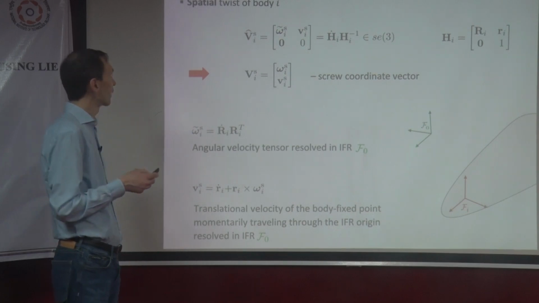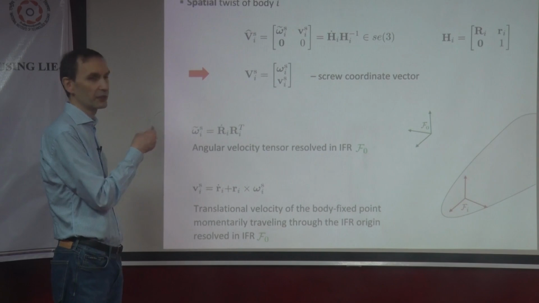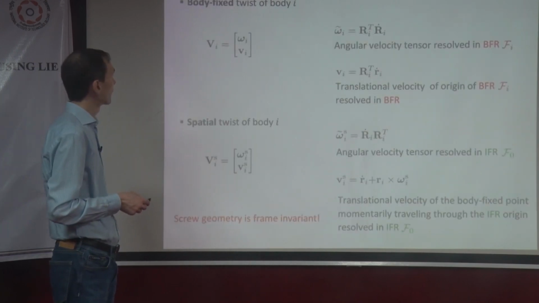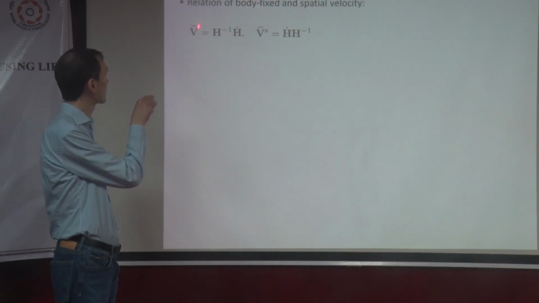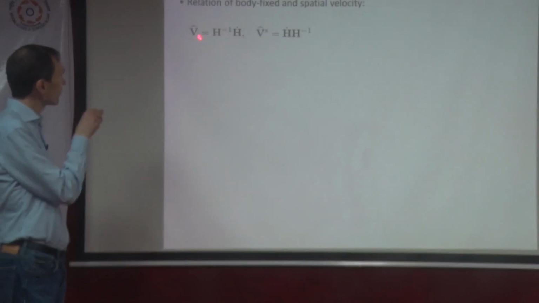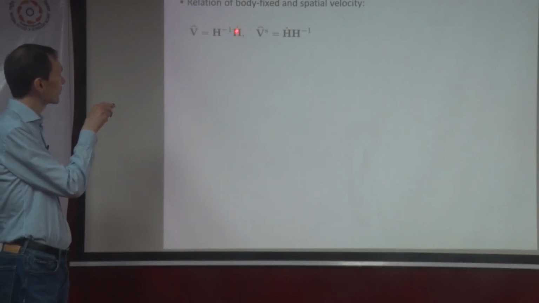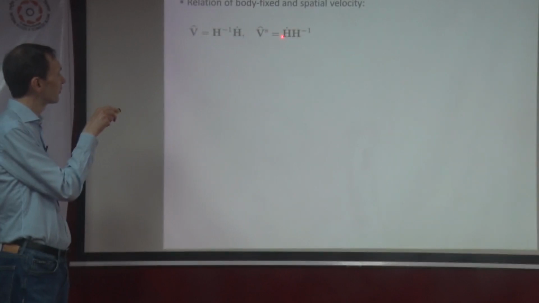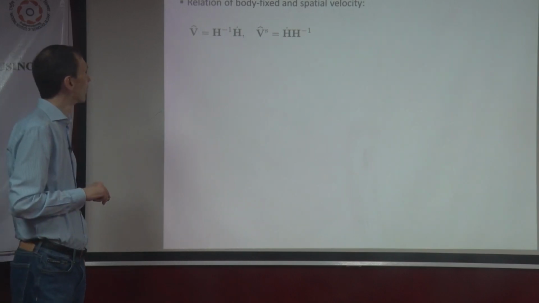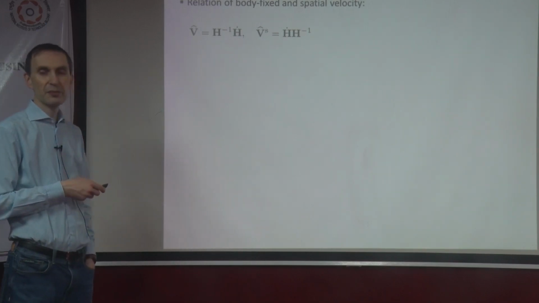That's why I skip it. So we have the VS and the VB, which has no B. This was defined like this: H inverse times H dot, and the space fixed version was defined as H dot H inverse. Okay, fine. What's the connection between them?